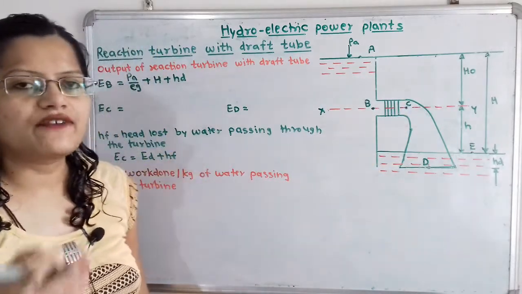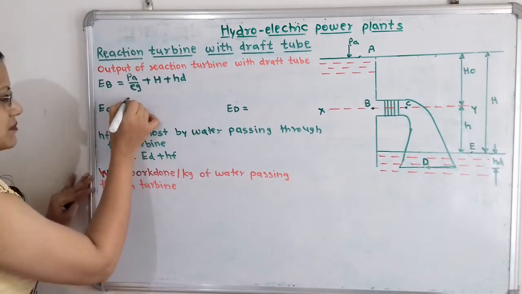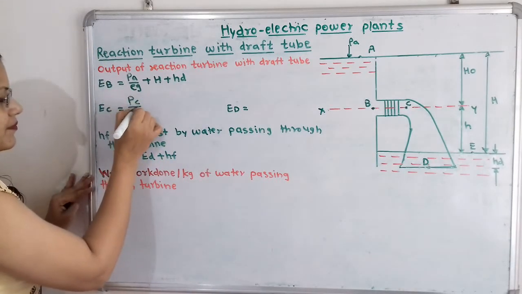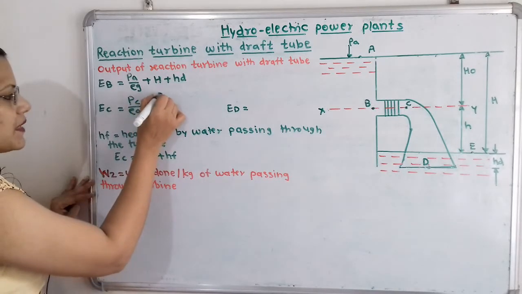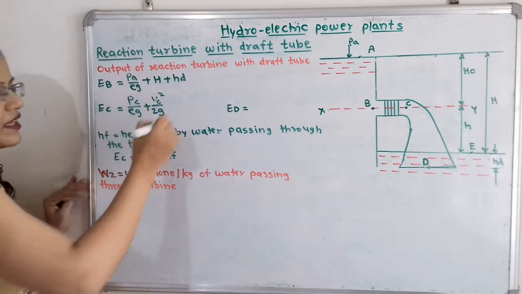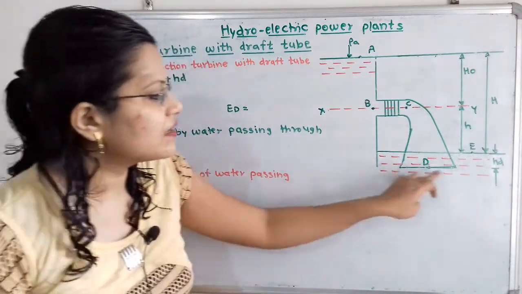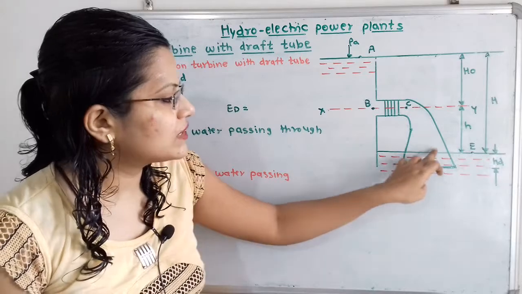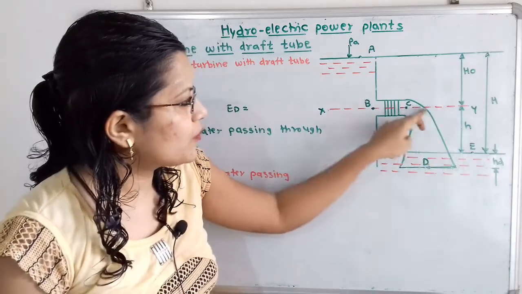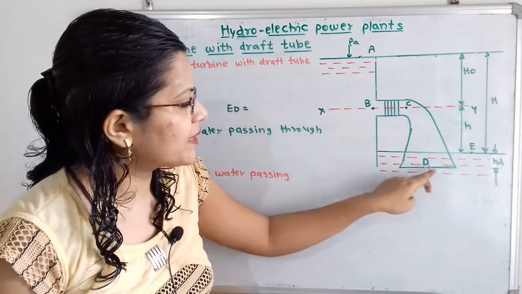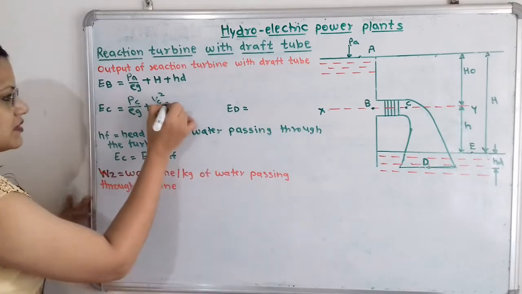First the pressure head, that is Pc by rho g, plus the kinetic head, that is Vc square by 2g. Now this point C is not open to atmosphere, and the outlet is below the tailrace level, so we have to consider this height also. From point C to point D, what is the height? It is small h plus HD.